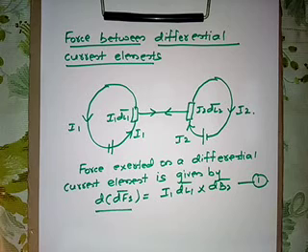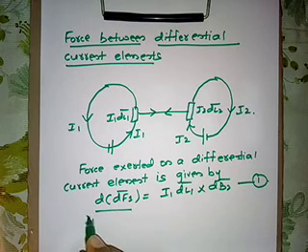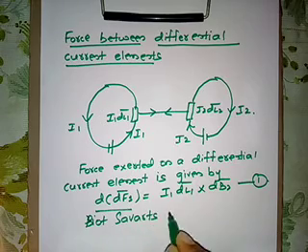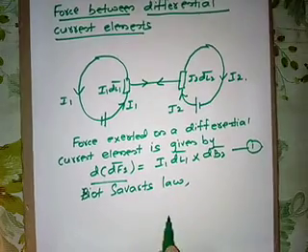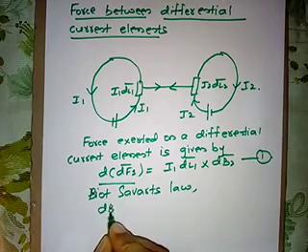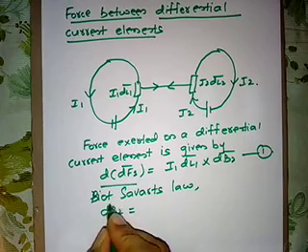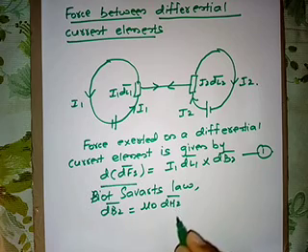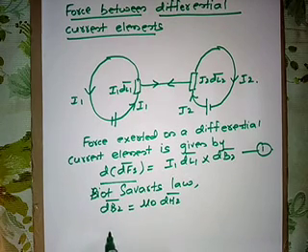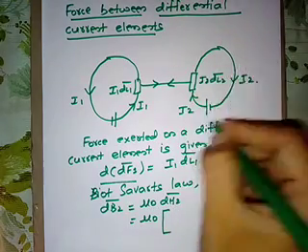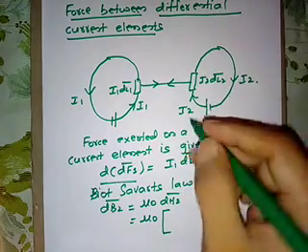According to Biot-Savart's law, we know that vector db2 is given by mu naught into dH2 bar. And dH2 bar is the magnetic field intensity due to the second current element.